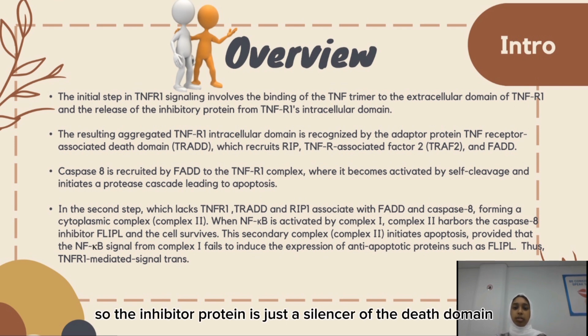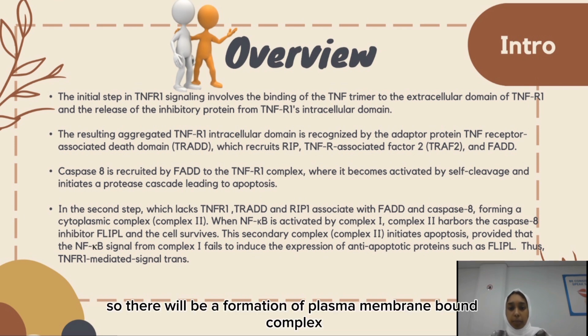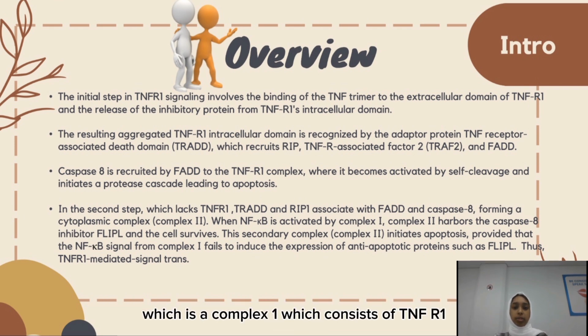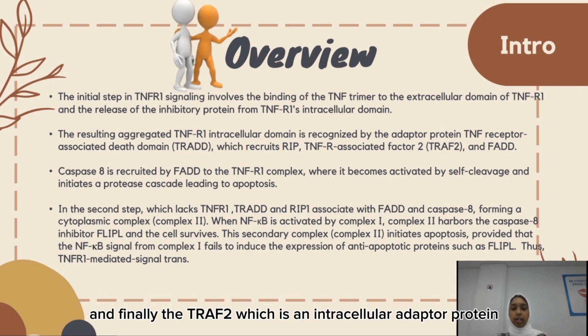The inhibitory protein is just a silencer of the death domain, which will be released from the extracellular domain of the TNFR1. There will be a formation of a plasma membrane bound complex, complex 1, which consists of TNFR1, a receptor for initiating the cell signaling pathway; the adapter TRADD, a TNFR1 associated signal transducer, which activates the pathway; the kinase RIP1, which is a caspase independent pathway of programmed cell death; and finally TRAF2, an intracellular adapter protein.